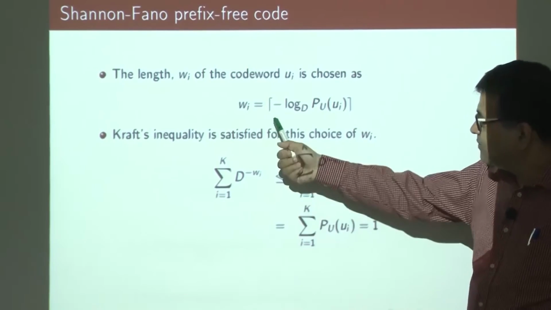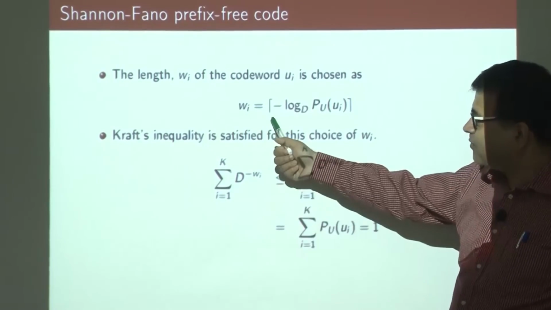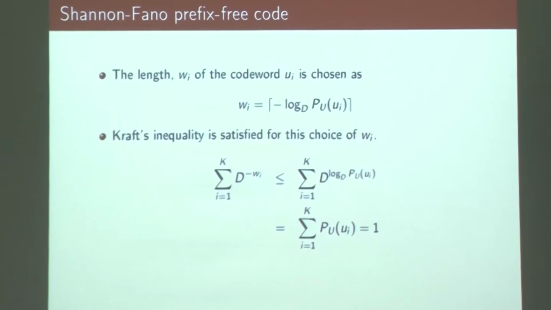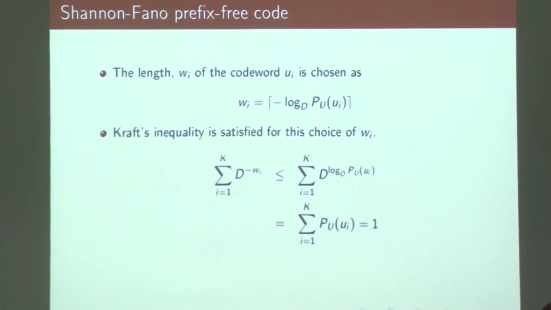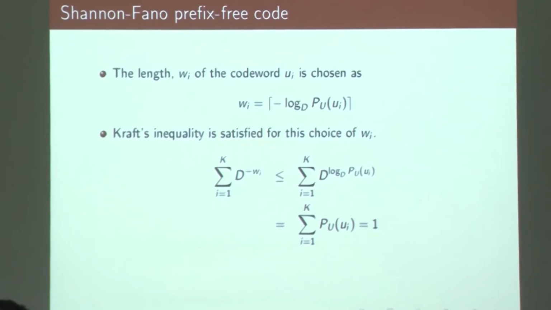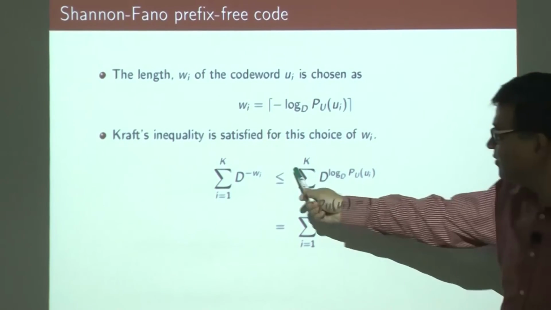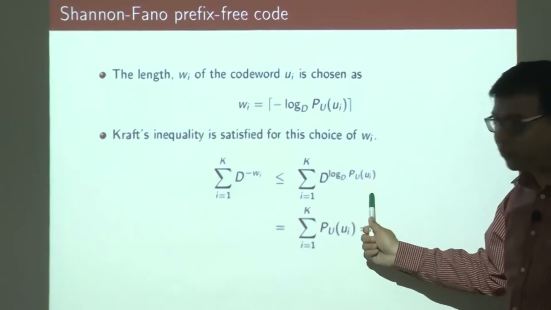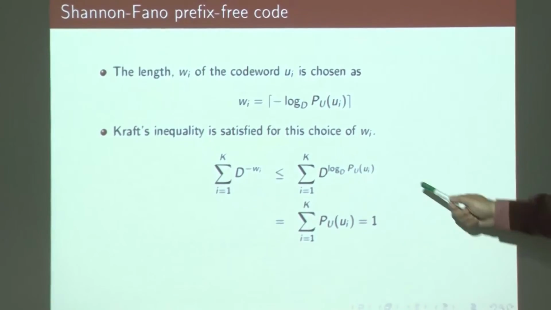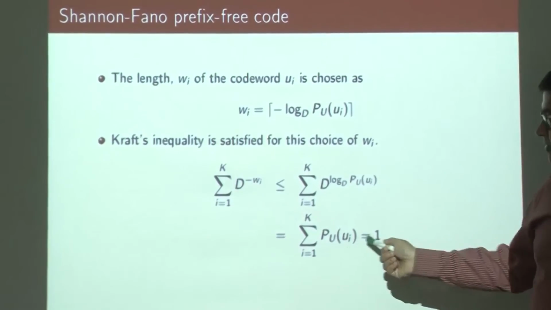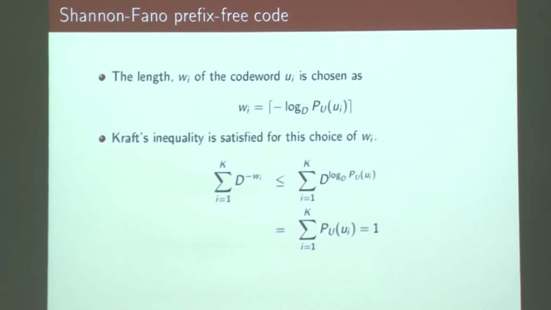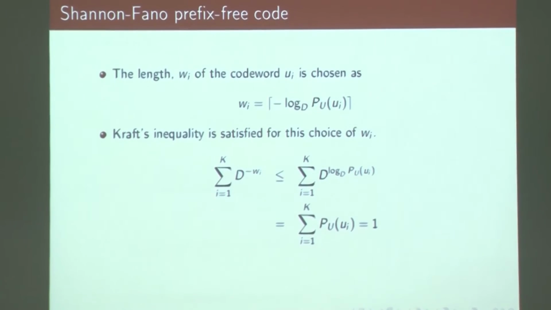This is minus of the ceiling of this. If I remove this ceiling, I am raising it by a smaller number, but minus of that. So this will be less than or equal to this, and this can be written as this, which is 1. So I have shown that if I choose my w_i in this particular fashion, then Kraft inequality is satisfied.